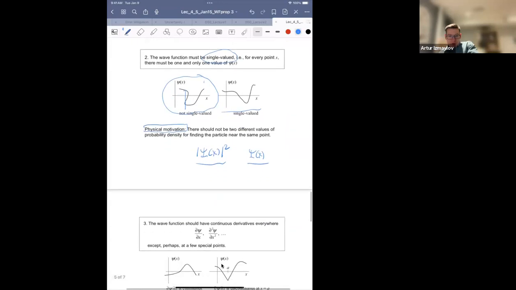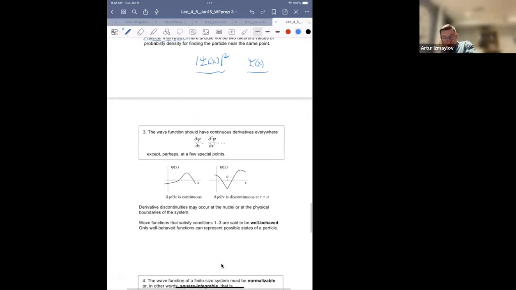Okay, so the third condition, the wave function should be continuous most of the time, so we can differentiate. Continuity, of course, doesn't always give us differentiation. The continuity condition is necessary but not sufficient for differentiation. And in physical systems, there are situations like, say, at the nucleus, where the function is not necessarily differentiable.